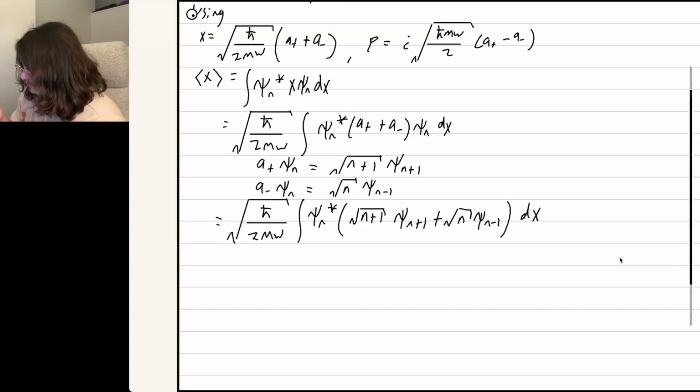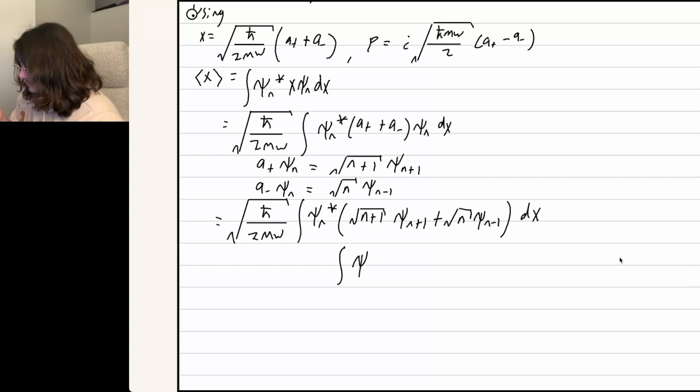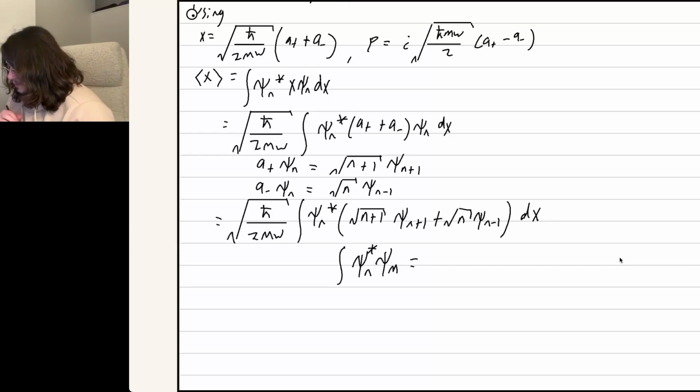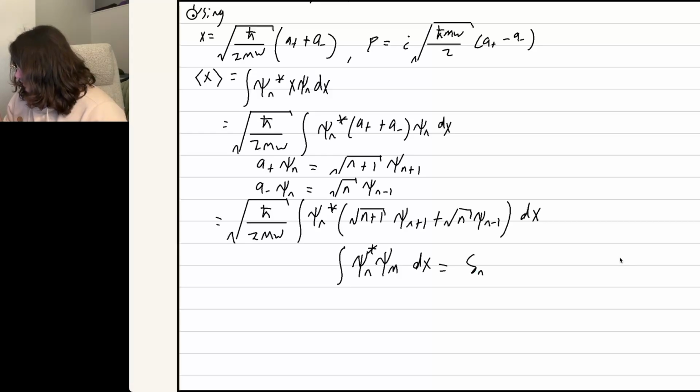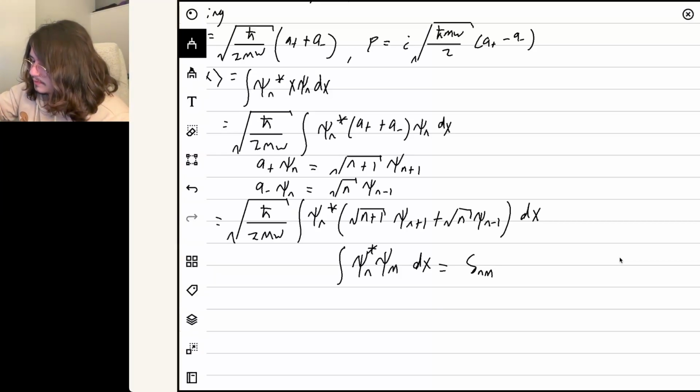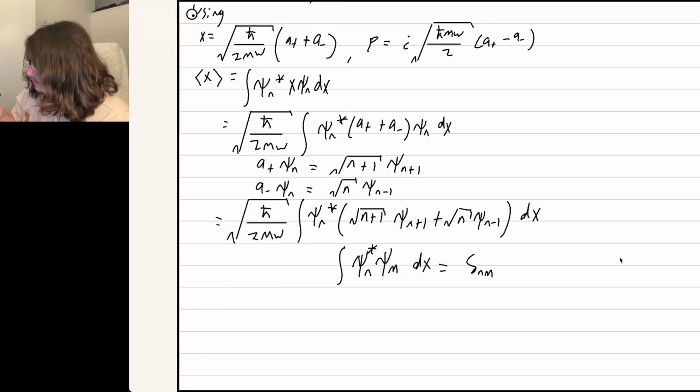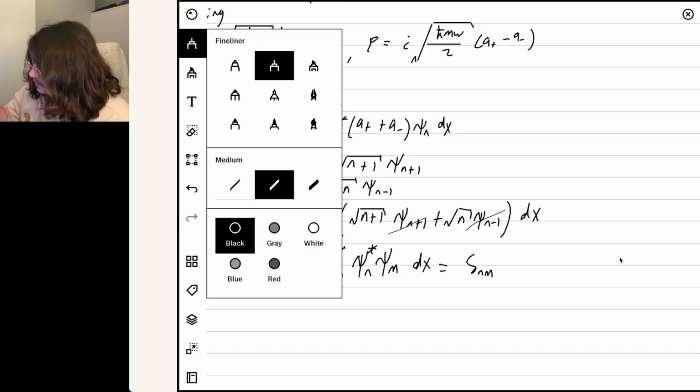And then we can also use the orthogonality condition that if you're integrating over all space psi n star psi m in the simple harmonic oscillator, that is going to be equal to a Kronecker delta nm. So if n and m aren't equal, this will go to 0. So this whole integral is 0. Bam, bam. Equals 0.